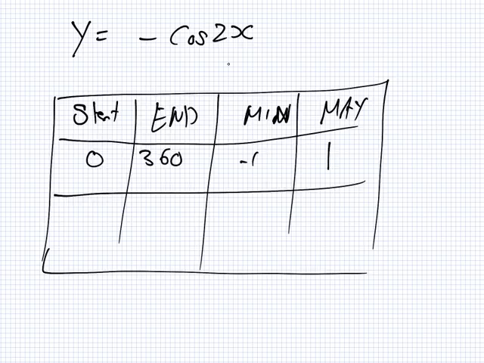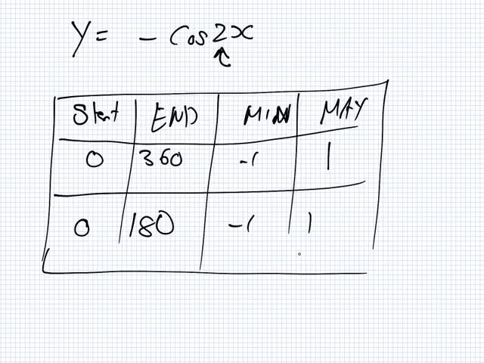But this one here has a 2 in it. So what does that 2 do? It contracts, yeah. So it ends at 180. It compresses it.